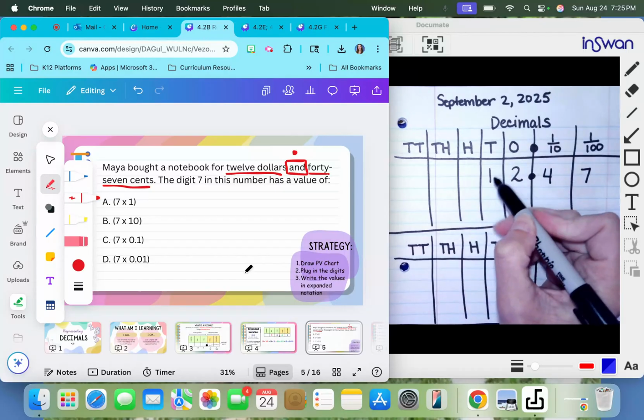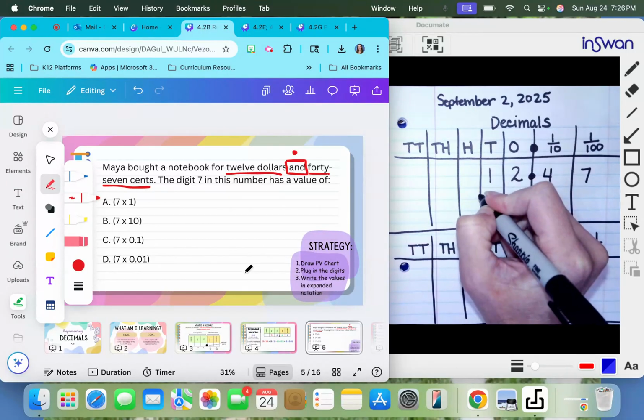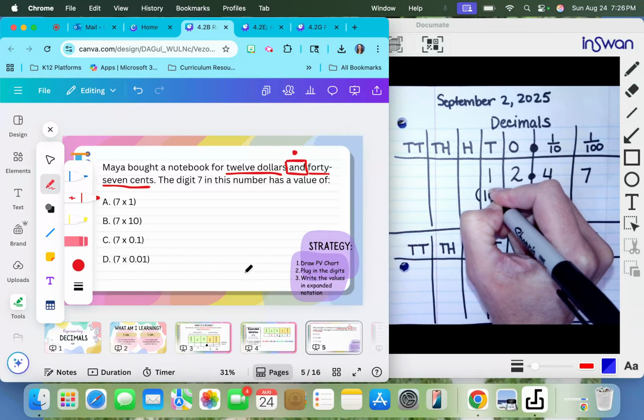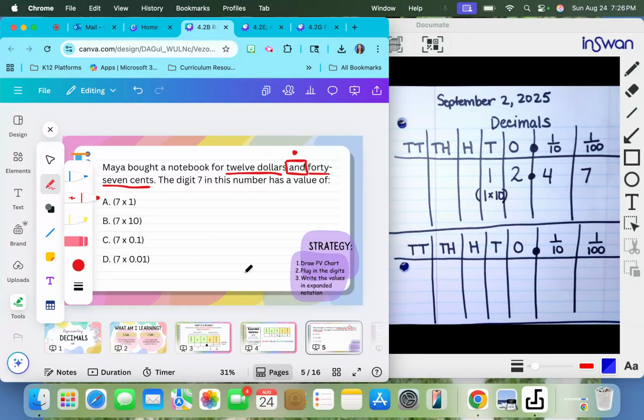So looking here at our tens place, we have a 1 in the tens place. So let's remember how to write that in expanded notation. We have our parentheses, 1 in the tens place, 1 times 10. Well, now let's do our digit 2.